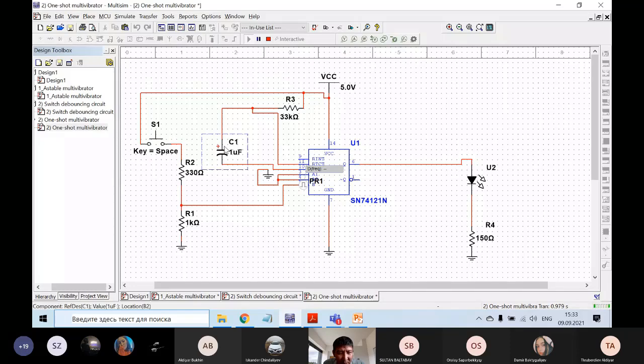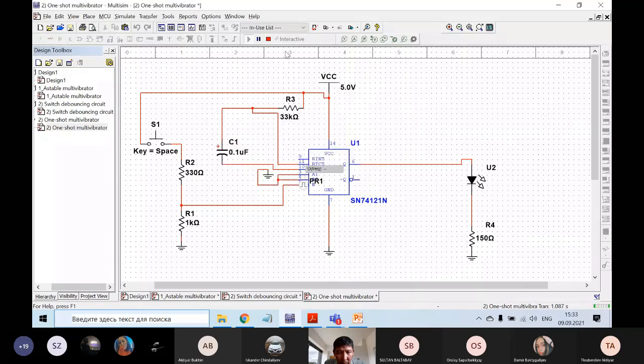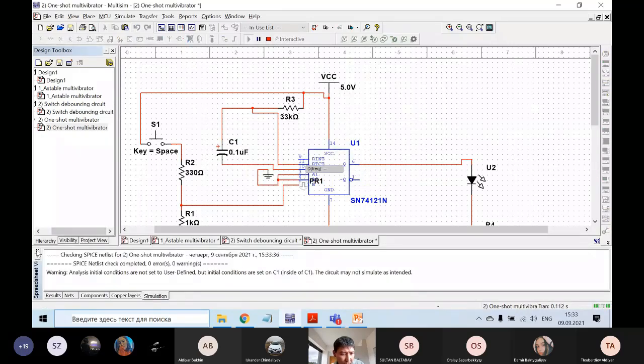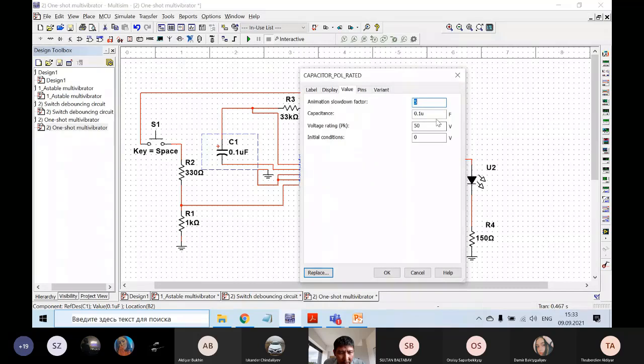So let me change the capacitor. Faster. Let's give 10 microfarad.